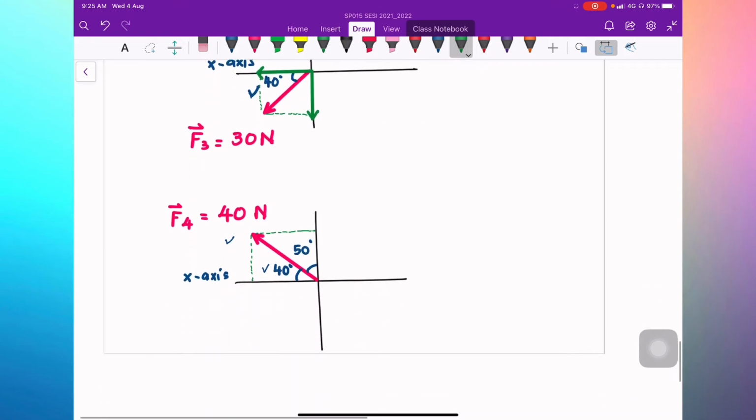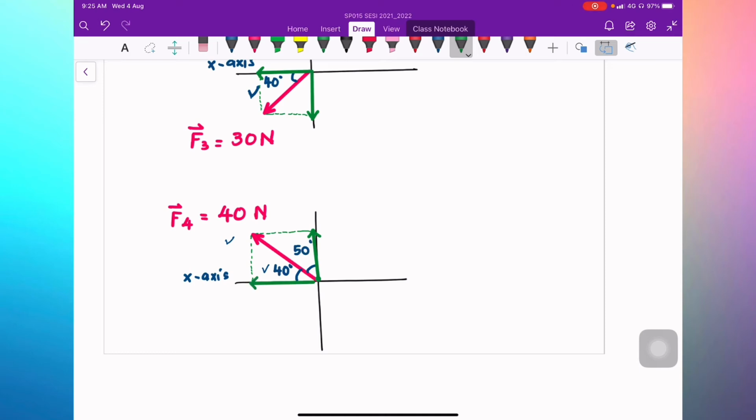And the last example, this is the resolving vector at y, and this is at x.